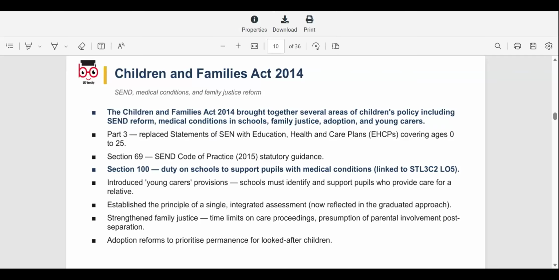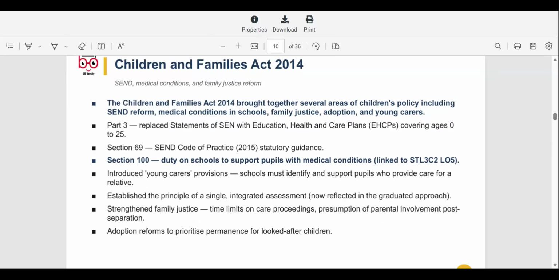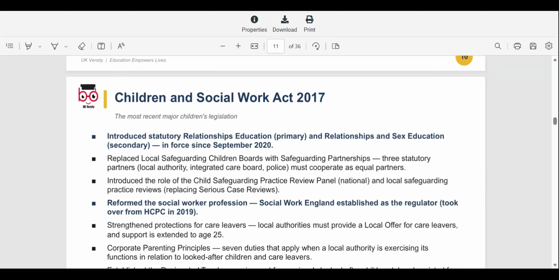It identifies any needs of the child and makes sure they have enough rights, because children with SEND needs before this were not given that much support. So an act had to be introduced.